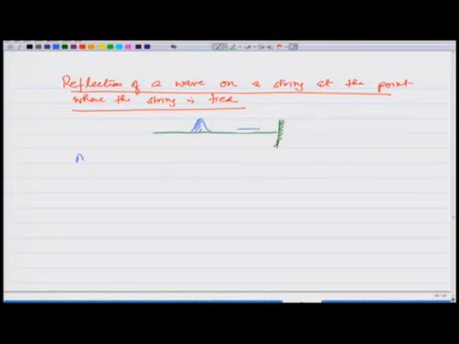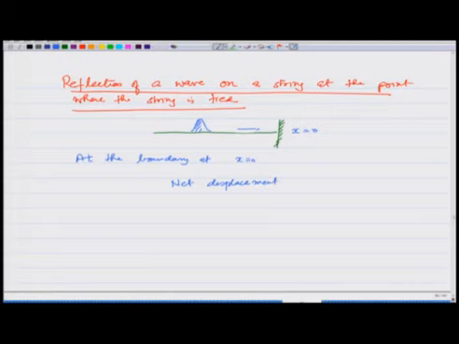So, at the boundary at x equals 0, I have conveniently chosen this point to be x equals 0, we are going to have net displacement equal to 0.